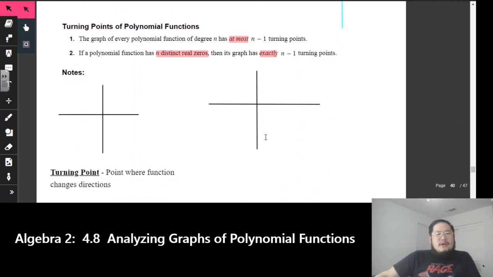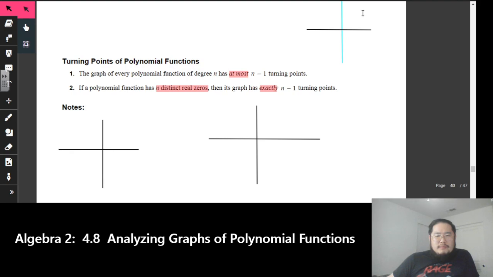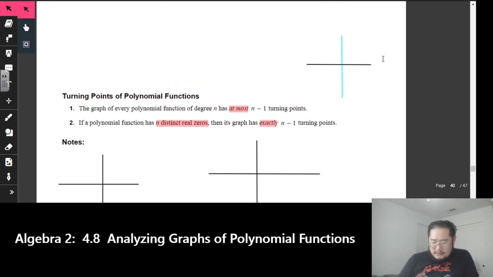We're going to talk about turning points of a polynomial next. It says the graph of every polynomial function of degree n has at most n minus 1 turning points. Let's go back to our trusty and faithful parabola, y equals x squared.